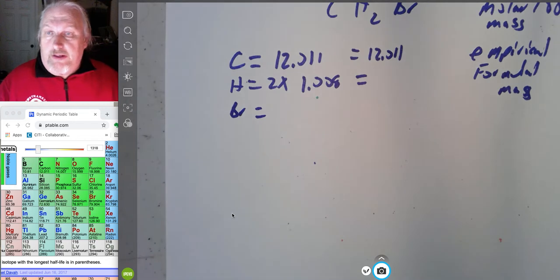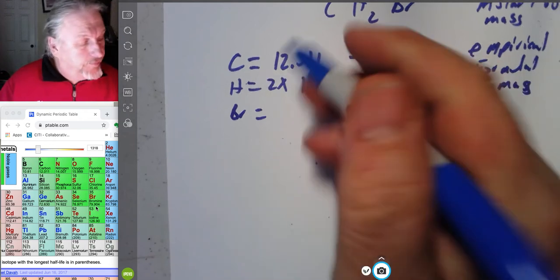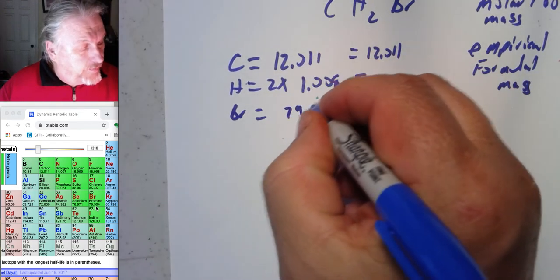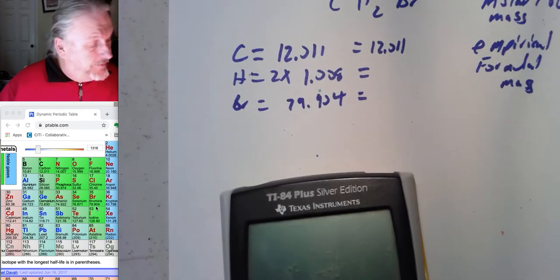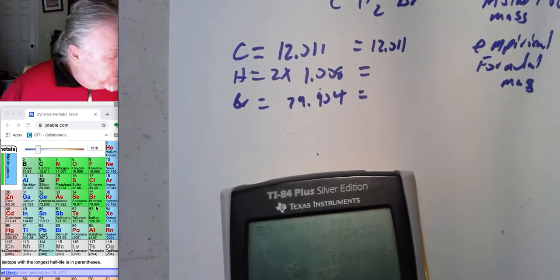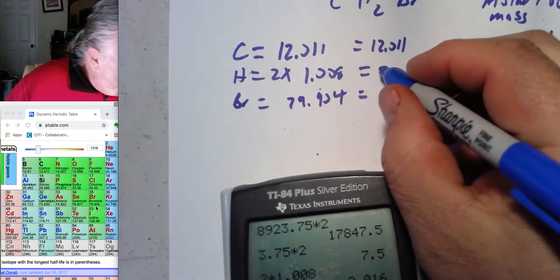And bromine has a formula mass of 79.904. So 2 times 1.008 would be 2.016.